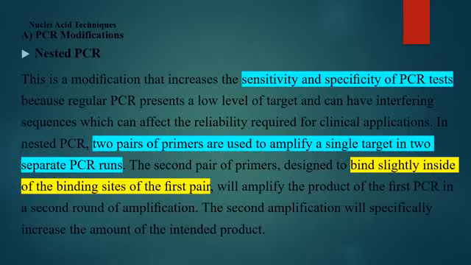So you had a DNA, you have produced a portion of the DNA, which is your target. Now you zoom into a portion of that target and then you replicate just that small portion. So this amplifies the product of the first PCR in the second round of amplification. The second amplification will specifically increase the amount of the intended product. So the intended portion is now further replicated, and this is nested PCR.